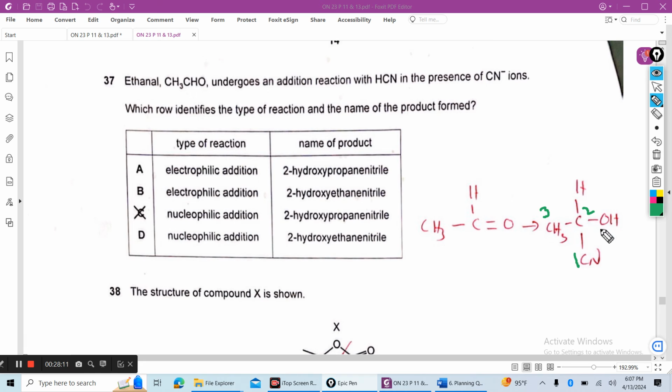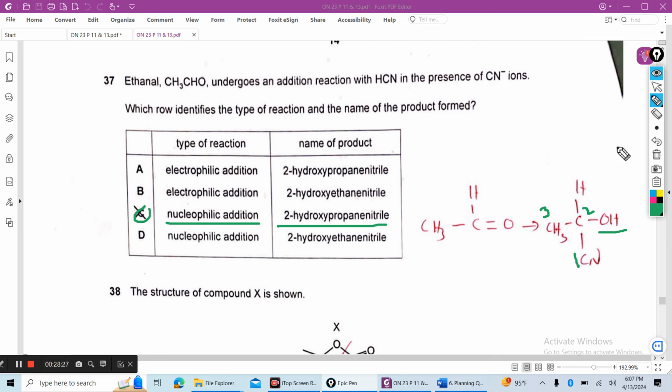Number 2 carbon contains a hydroxide group. So 2-hydroxypropanenitrile. Answer will be C, nucleophilic addition reaction and 2-hydroxypropanenitrile.